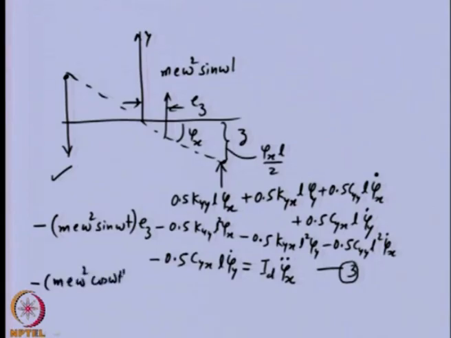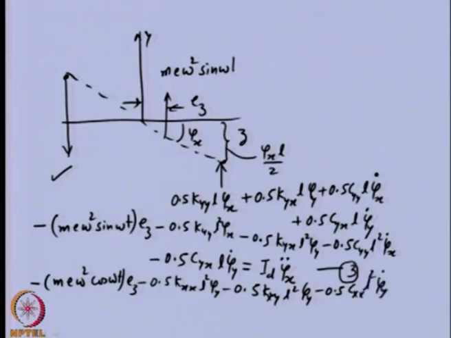Here cos omega t will come, and here the subscript would change, the angle subscript will also be changing. k x y L square phi y, 0.5 C x x, this will be C x x L square phi dot y, and minus 0.5 C x y L phi y dot should be equal to I d, this will be about the y axis. So, this is the fourth equation of motion.